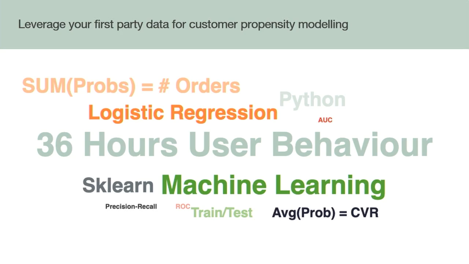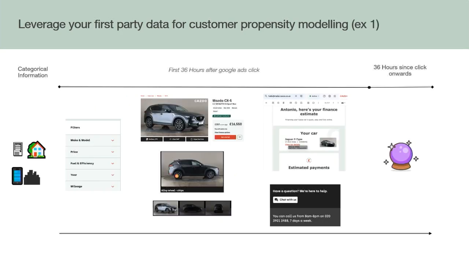But let me show you another visual example of what our model is doing in practice. So let's say this is a user on our website, or two actually. We have some categorical information about them, whether they are mobile customers or desktop customers, whether they're London-based or from the countryside.